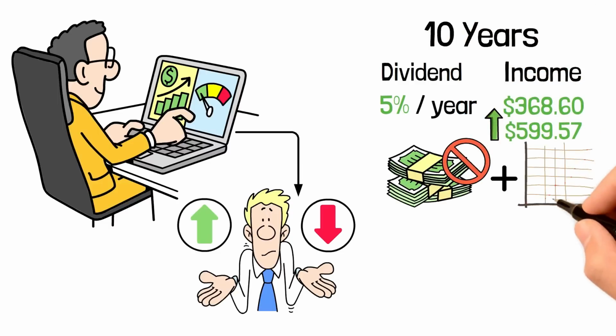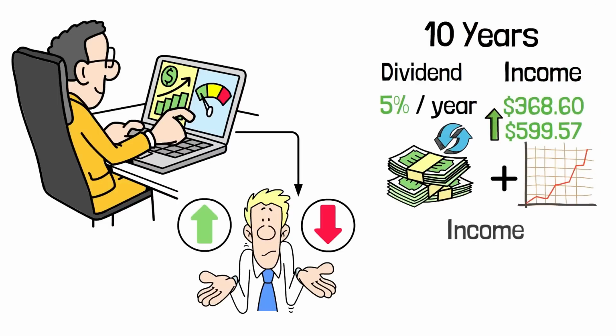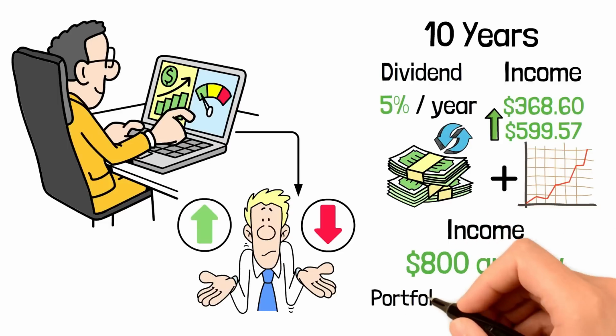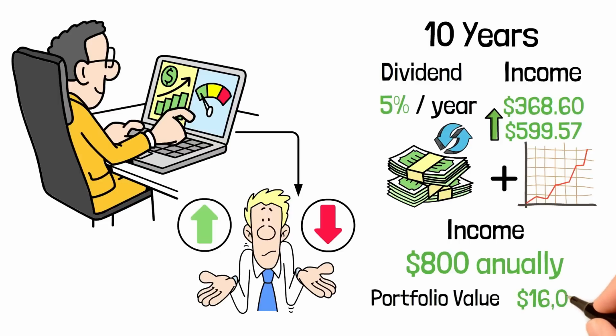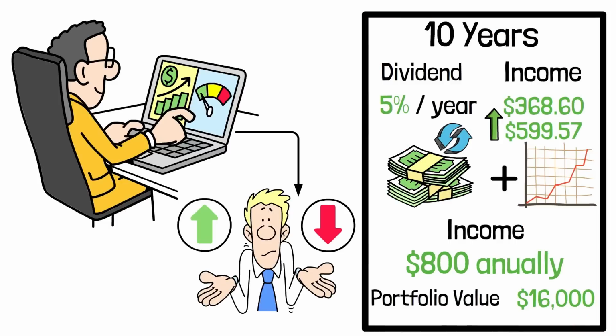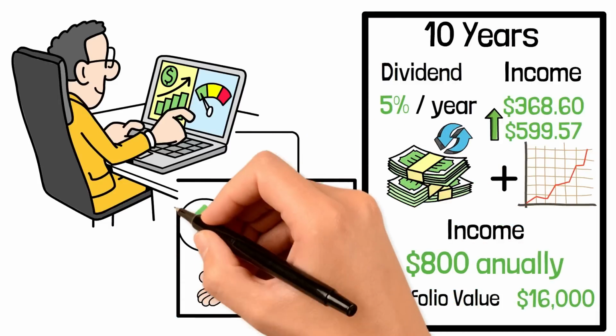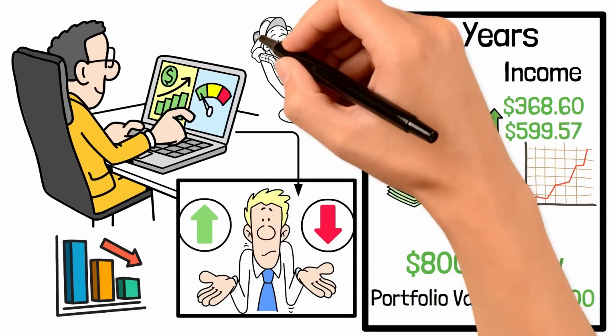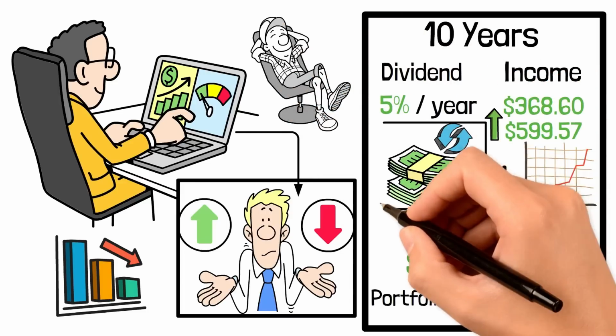But if you combine dividend growth with reinvestment, your income could exceed $800 annually after a decade, with a portfolio value approaching $16,000. These projections don't account for stock price appreciation, which could further boost your returns, or declines, which could reduce them. The key is to stay patient and let compounding work its magic.